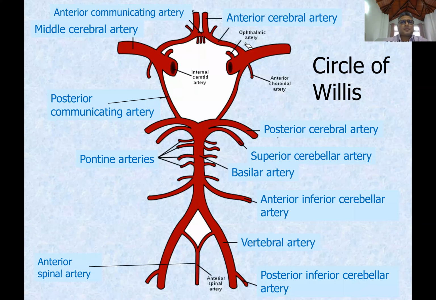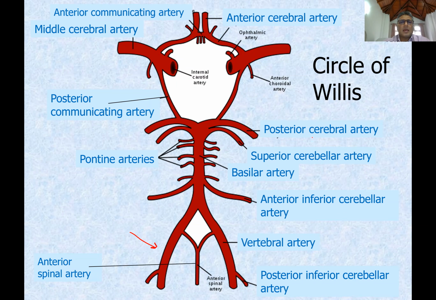Okay, so this circle of Willis, I will do it now in detail. You have the vertebral arteries coming through the intervertebral foramina, and as I said before, passing through the posterior atlanto-occipital membrane and entering into the subarachnoid space.